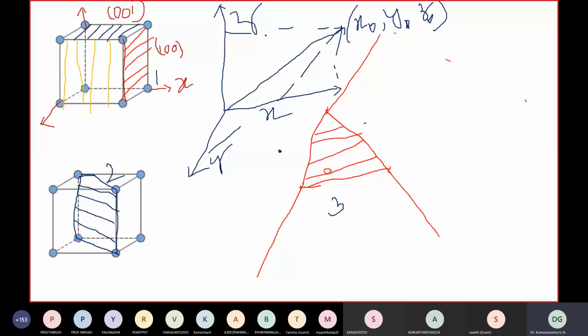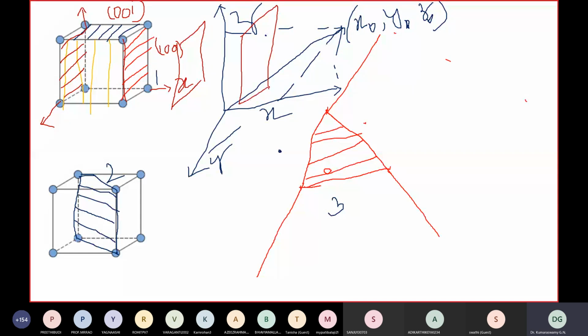You fix any origin, that is what you get. This plane is also called 100 plane. This plane is also called 100 plane. Next plane is also called 100 plane. Like this you get. Next you get one more plane.